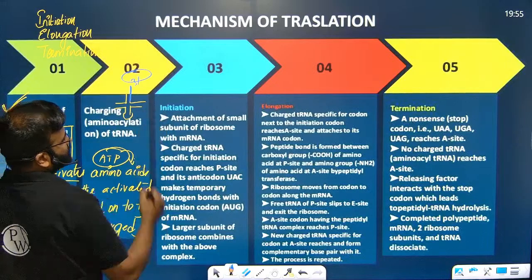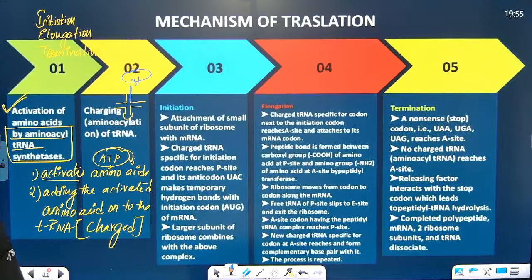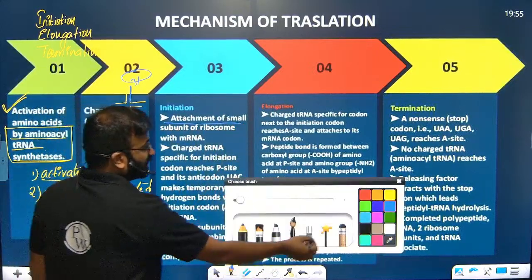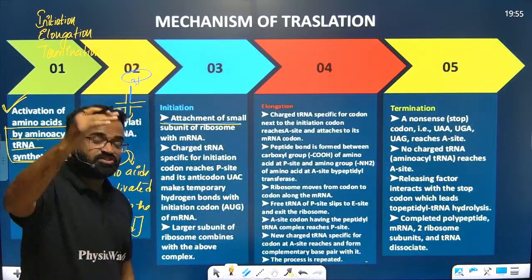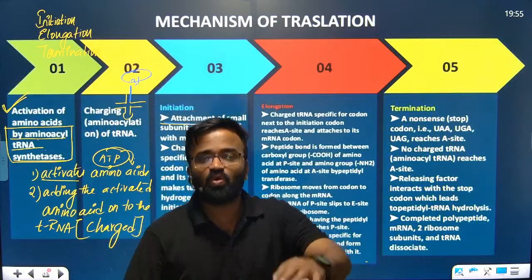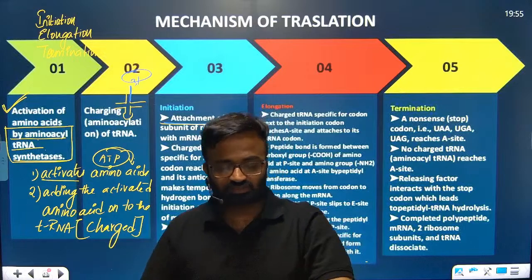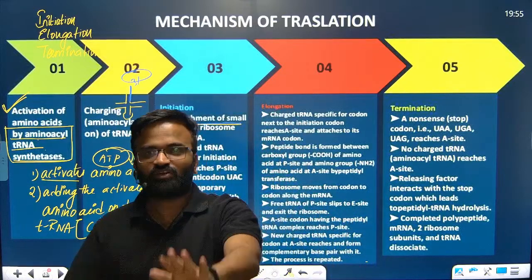Next is initiation. Attachment of the small subunit of ribosome with mRNA. Okay, that is the first one. This is a previous year question, guys. In one year, he asked: during translation, who comes first onto the site of protein synthesis? Smaller subunit, larger subunit, tRNA, amino acids.